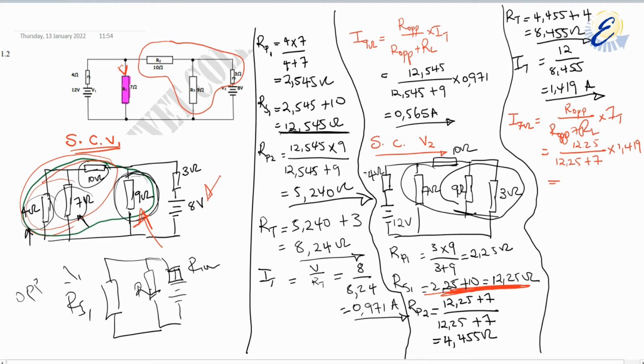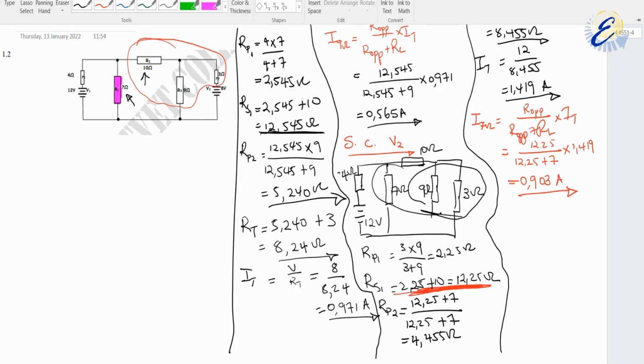So 12.25 divided by 12.25 plus 7 multiplied by 1.419, and our answer will be 0.903 amps. Now, let's clear up some space there.